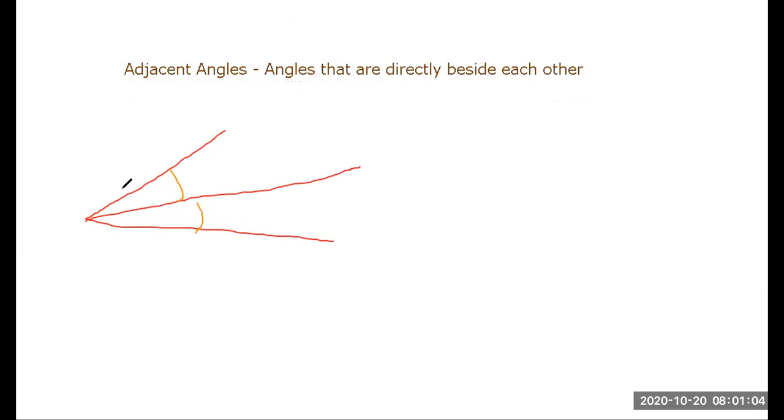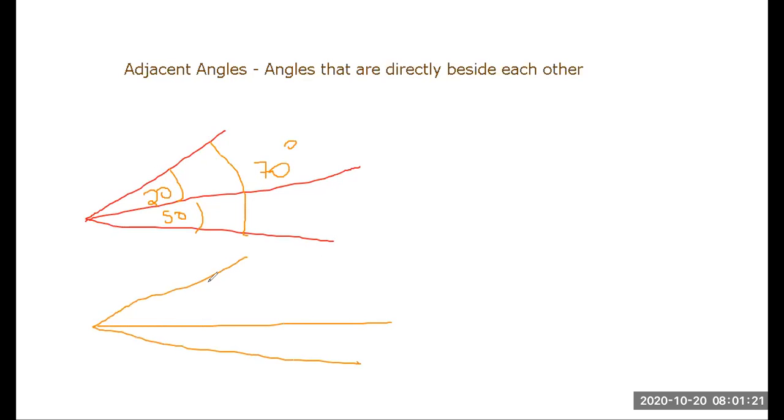They're right beside each other. So if I say these two angles together, say this is 20 and this is 50, both of them together is 70. If I give you an example and I say this is 20, but the whole thing is 30, then what is this angle? It would be 10, because the whole thing is 30, one side is 20, so the other side must be 10.